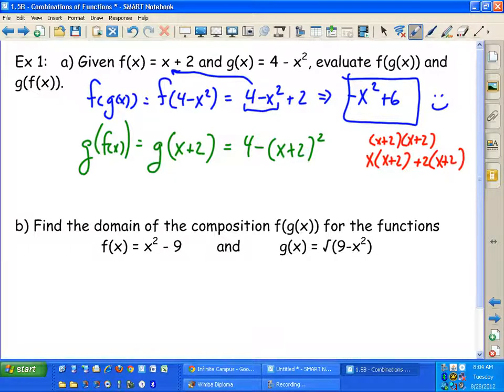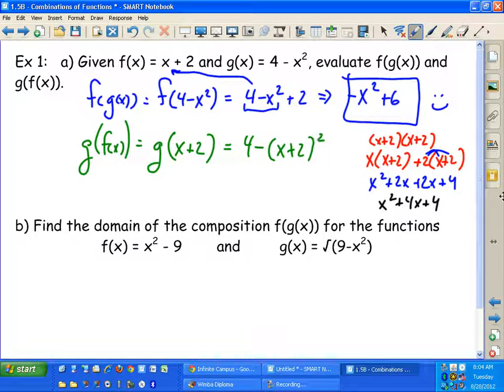And so by doing that, if I distribute the x to both terms, I get x squared plus 2x, and then another 2x plus 4 when I distribute this guy. And so then my final answer for that part is x squared plus 4x plus 4. So that's the multiplication of (x plus 2) squared.